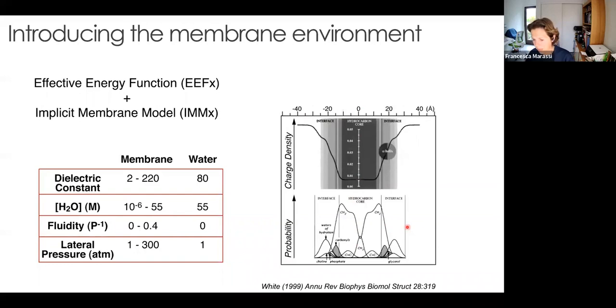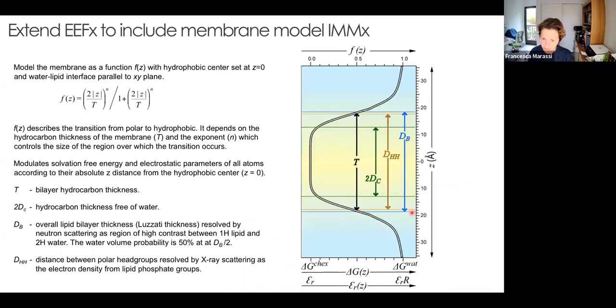And this is a picture taken from a review of Steve White basically showing a representation of the membrane with the hydrocarbon core in the middle and the aqueous interfaces at the side. So we did this again following the Lazaridis protocol, but adapting it to the Explore NIH computational environment where the functions could be used for relatively rapid structure calculations with experimental restraints.